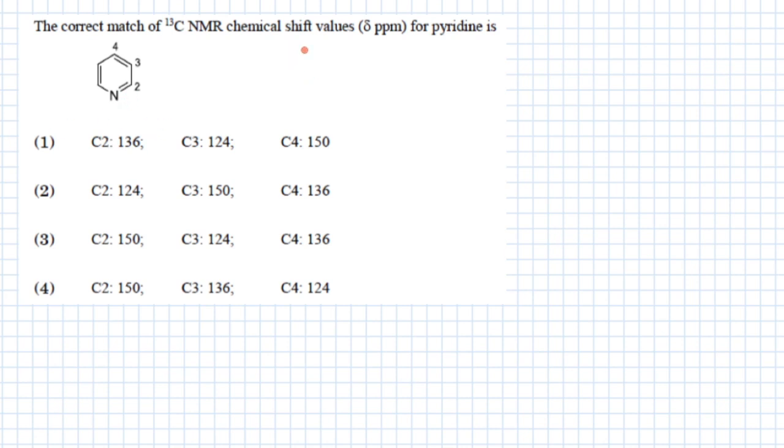So let's draw the pyridine first of all. I have my pyridine molecule like this. The first thing is that it is going to undergo resonance. Nitrogen being more electronegative, the electrons will be pulled towards it, and this is the first most stable resonance structure which you will get.